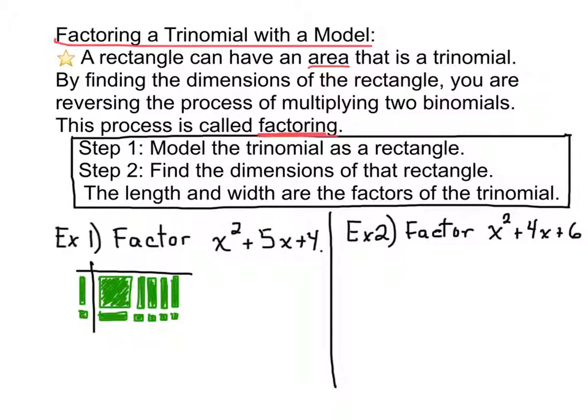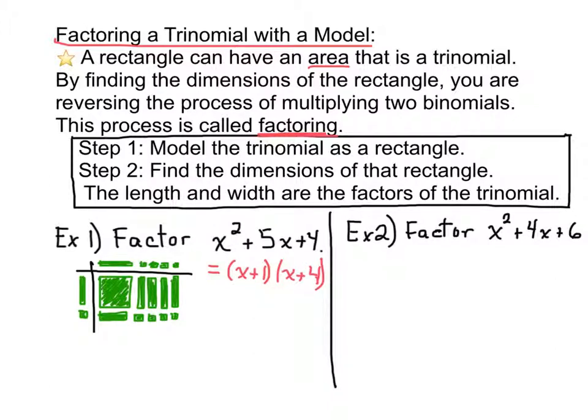So we fill in our width here with an x and a 1 to match the dimensions. And then we have an x and 4 ones to make up the length of our rectangle. So the factored form of x squared plus 5x plus 4 is x plus 1 and x plus 4.